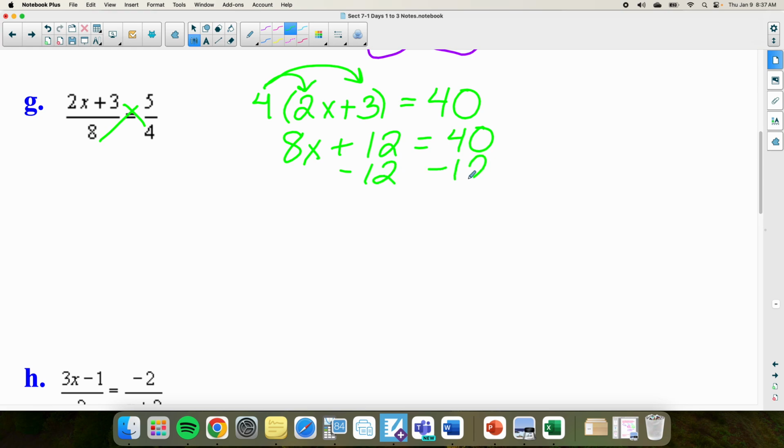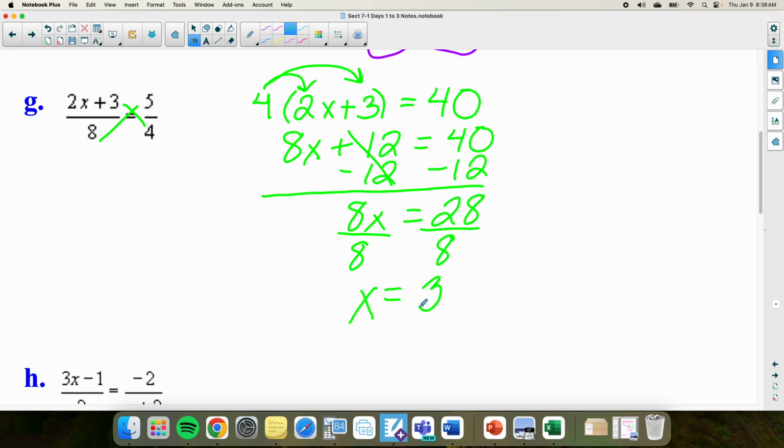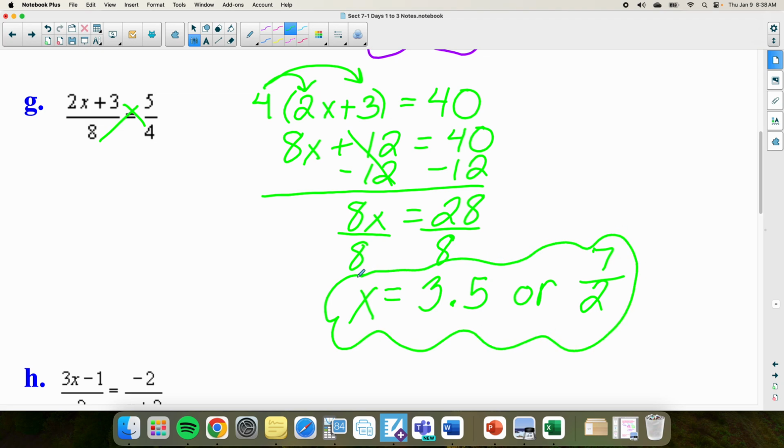Subtract 12, and we get that 8x is 28. Divide by 8, and x would be 3.5, I believe. Or if you reduce that fraction, you'd have 7/2. Either of those would be fine. Okay?